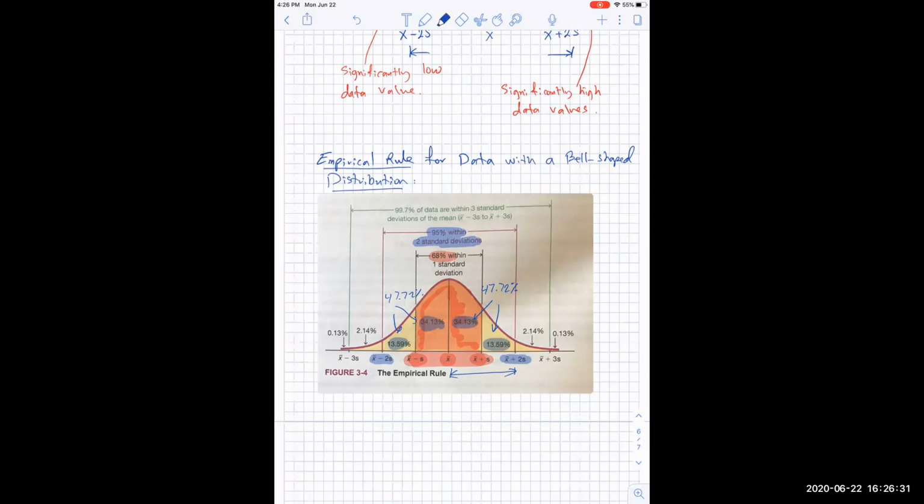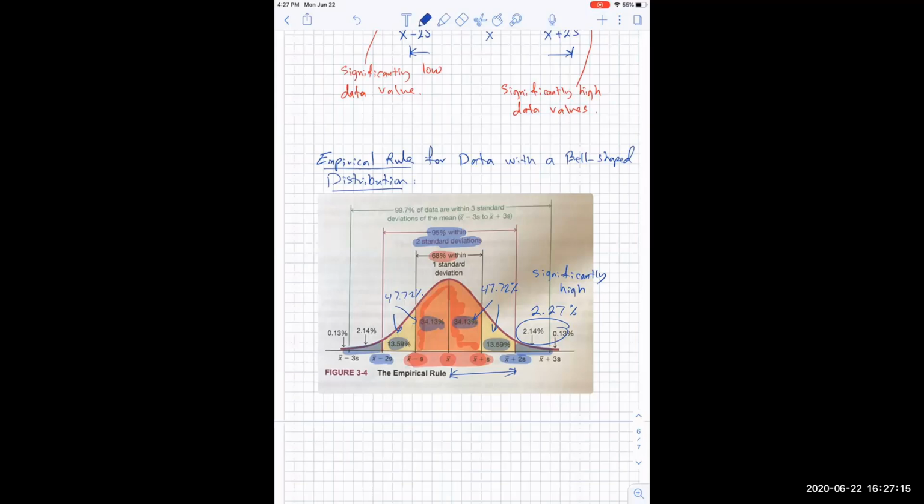So what is left, guys? We are left with some data values here. These are the significantly high data values, approximately 2.14 plus 0.13, combined this is 2.27%, significantly high. And another on the left lower side, under the left tail, also the same.